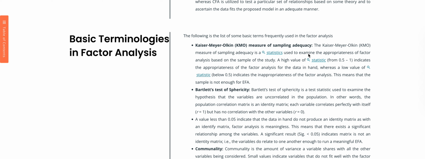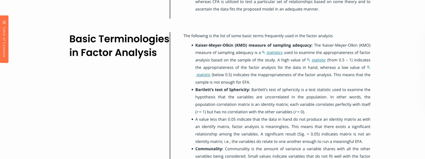So in factor analysis, whenever the researcher does EFA, the researcher first checks KMO. KMO should be greater than 0.50. The Kaiser-Meyer-Olkin KMO measurement of sampling adequacy is a statistic used for examining the appropriateness of factor analysis based on the sample of the study.